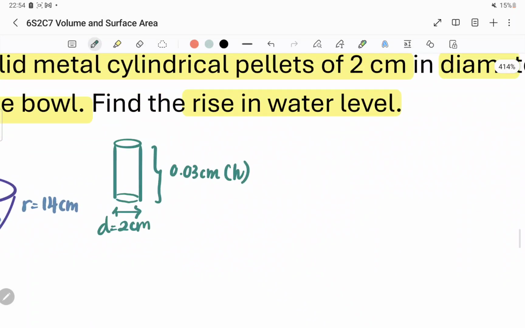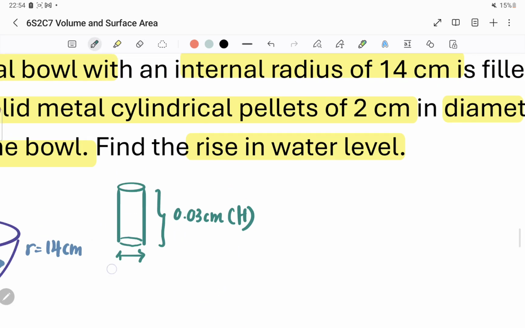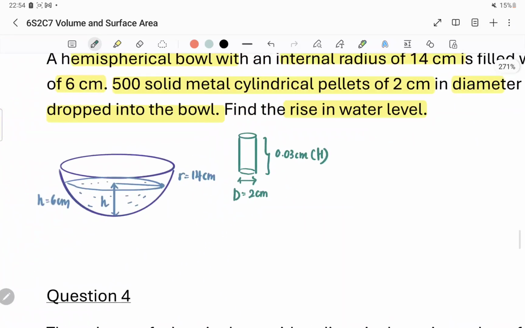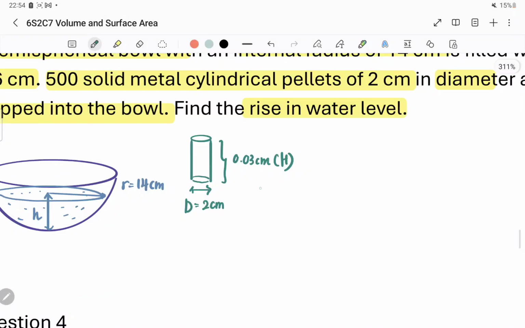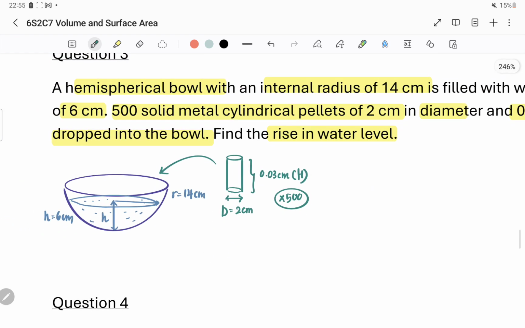Then I will need to change a bit. Diameter equals 2 cm. So what they do is this solid metal cylindrical pellet, 500 of them, times 500, they put into the bowl. Then what happens?